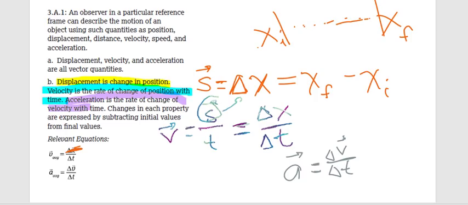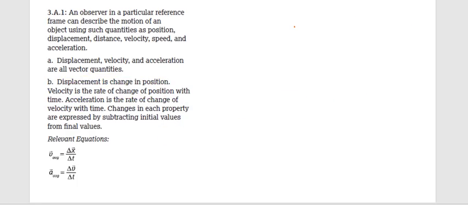Now let's talk about the relationships they have with each other, which is the part you really need to know. Okay, so as we said, velocity is equal to displacement over time, just a simple way.